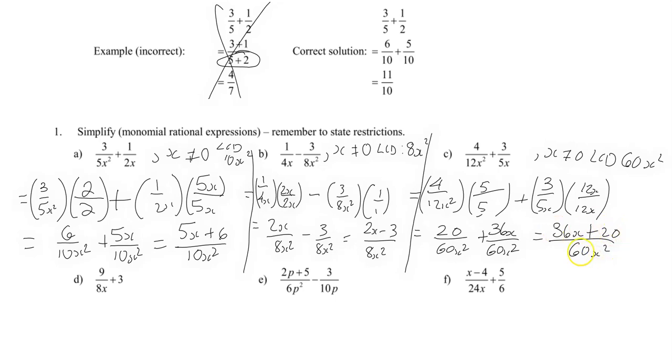They're all even, right? So 2 goes into everything, but 4 goes into everything as well. Because 4 goes into 36 9 times, 4 goes into 20 5 times, and 4 goes into 60 15 times. As long as they all share a common factor, we can just divide that out. Then we look again at 9, 5, and 15, and there's no common factor.